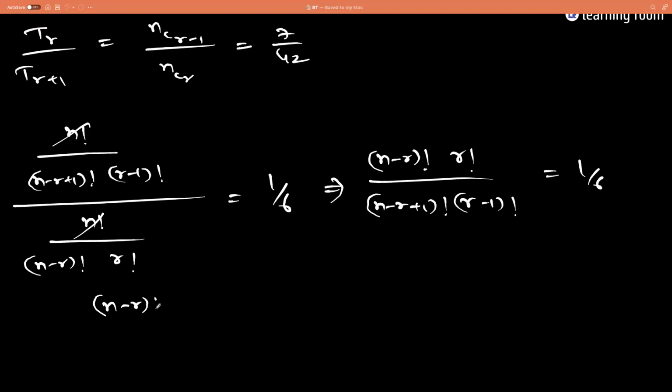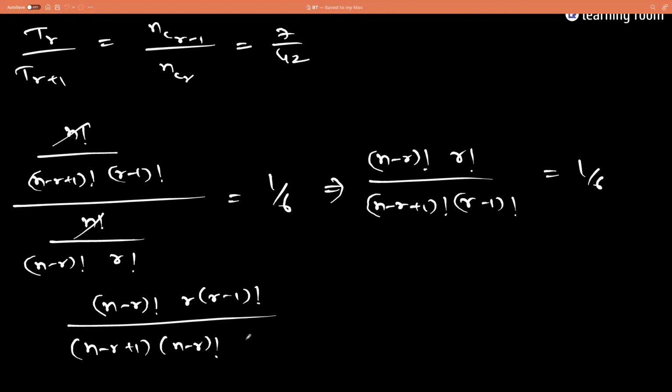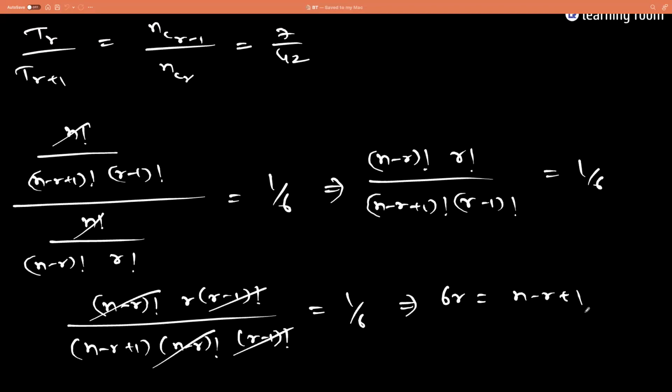So (n minus r) factorial into (r minus 1) factorial divided by (n minus r plus 1) into (n minus r) factorial into (r minus 1) factorial. This and this will get cancelled. (n minus r) factorial, (n minus r) factorial will get cancelled, 1 by 6, which implies 6r is equal to n minus r plus 1.